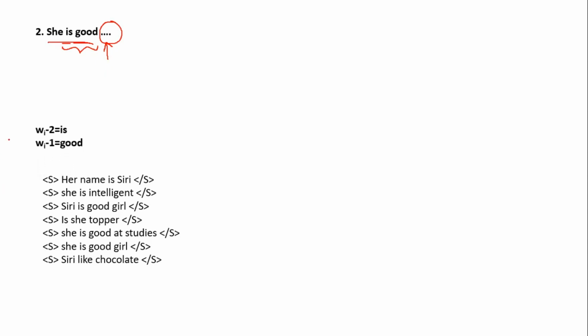So wi minus 2 is is, wi minus 1 is good, and this is your word wi, which we want to predict now. The formula which we use for trigrams is the probability of wi given wi minus 2 and wi minus 1. You can write it as the count of wi minus 2, wi minus 1, and wi. So you need to take the sequence of words, and these are the given words: is good.